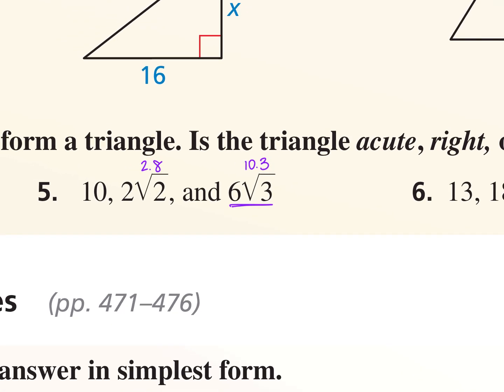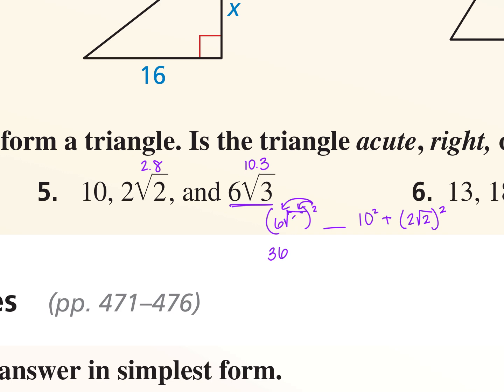I got a lot of questions on this in class. I'm setting it up with this as my hypotenuse. Keep in mind you are squaring everything. I have 10 squared plus 2 times the radical 2 squared. I'm squaring it. So 6 squared is going to give me 36. And this should actually be a 3, not a 2.